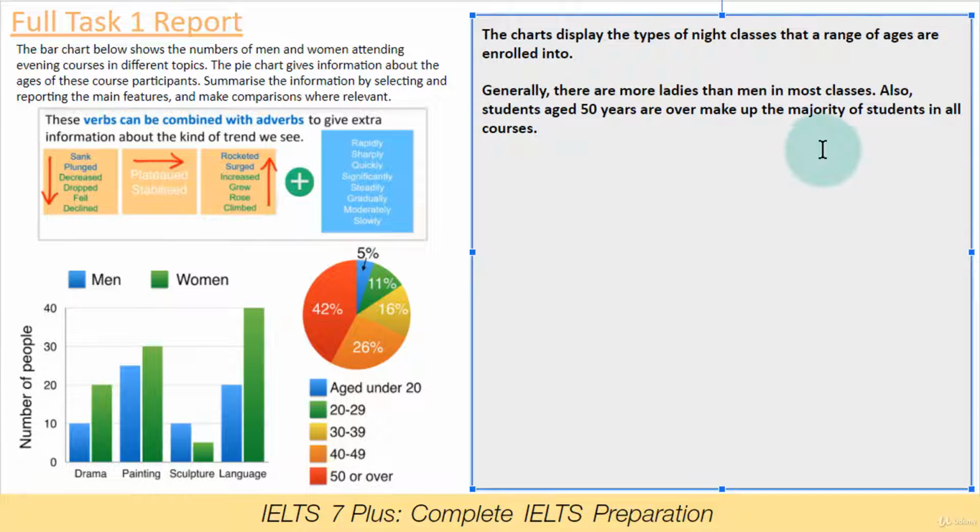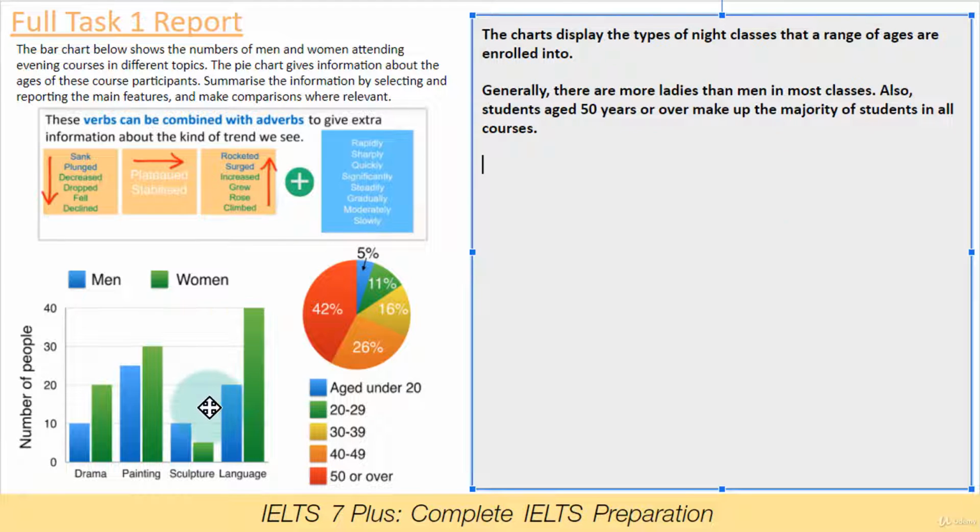That's much better. Editing when writing. Also, students aged 50 years or over, make up the majority of students in all courses. Okay, so a nice overview there for both visual pieces of information.